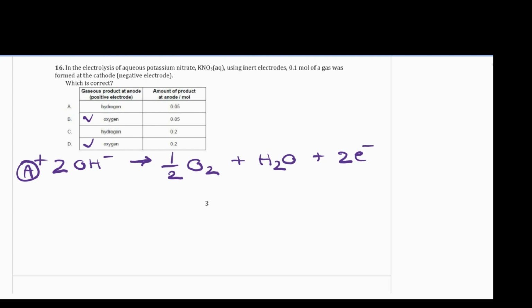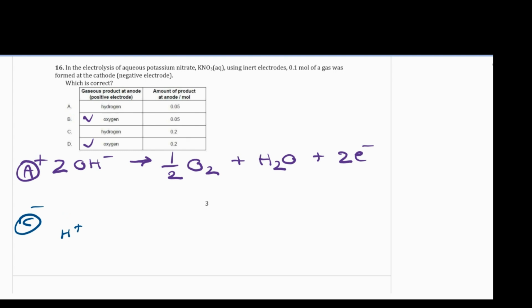Now, how do we work out the amount of product at the anode, having been told that at the cathode, it's 0.1 mole? So at the negative cathode, we have the positive ions. So those will be either K plus or H plus. Which one wins?